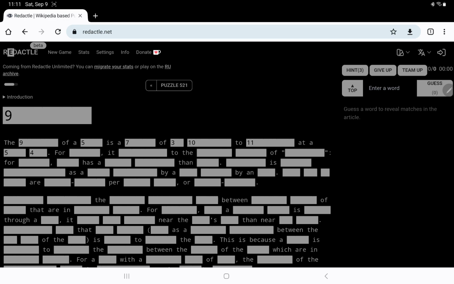So there's something of maybe a metal is a measure of its something resistance to electricity at a fixed something. So I'm wondering if I'm getting those words right.